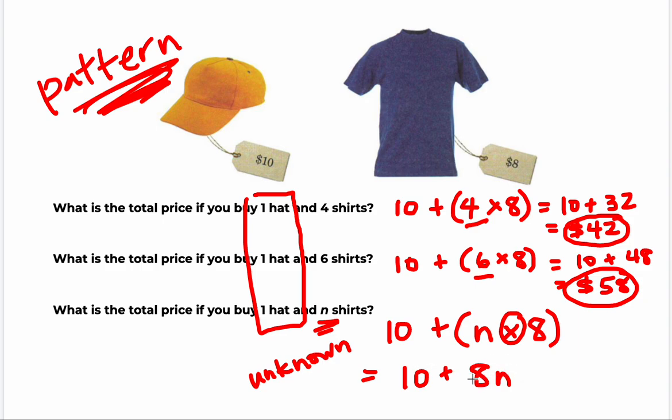So we're just going to smush them together and know that this really means 8 times N. So the pattern was we always added 10 to whatever amount of shirts there are times 8, which was the amount for each shirt.